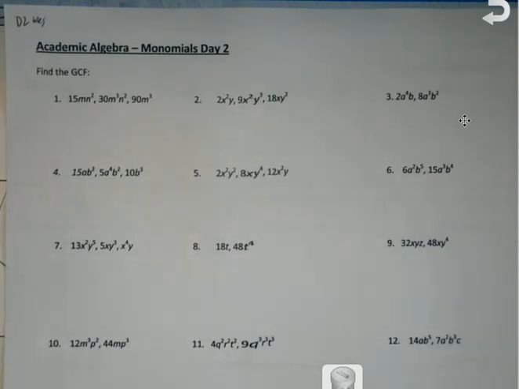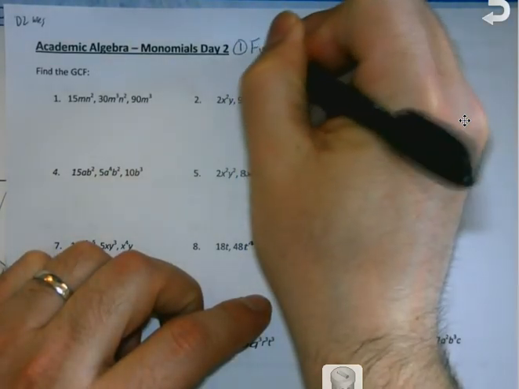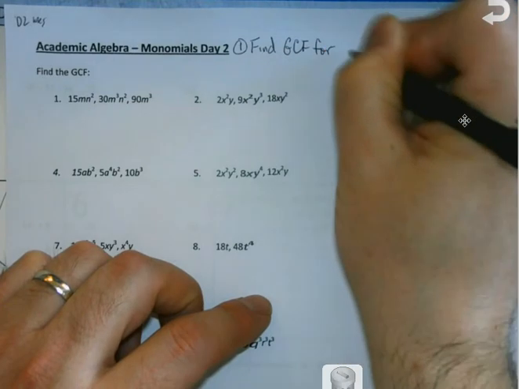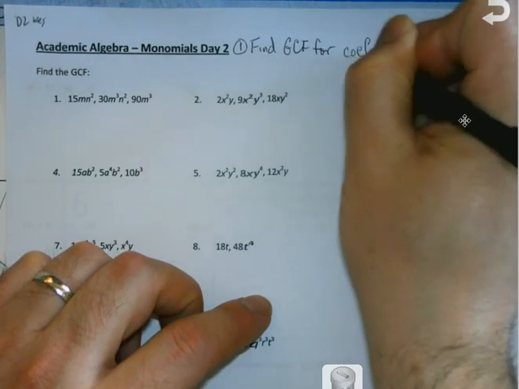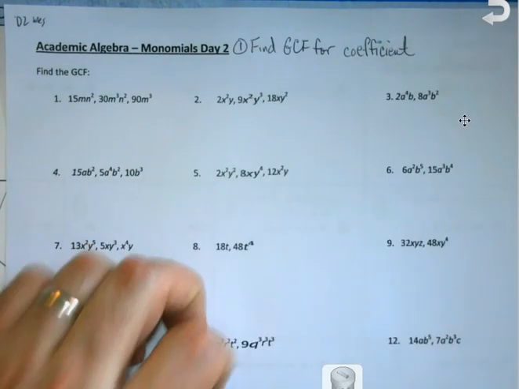So, a couple of reminders. We're going to find the GCF for our coefficient. And again, coefficient is just a fancy word for the number in front.